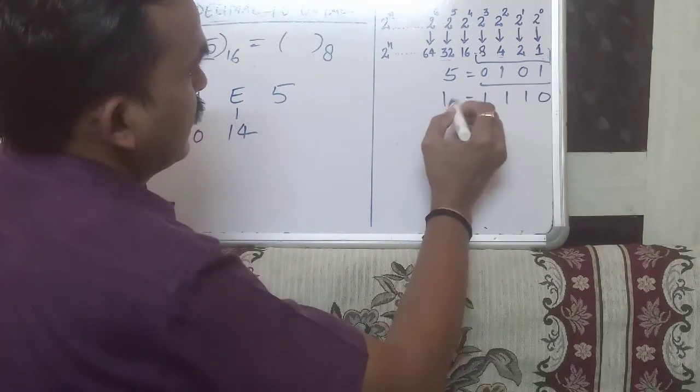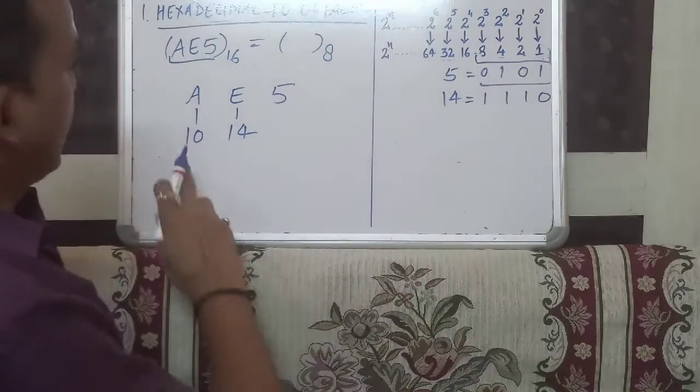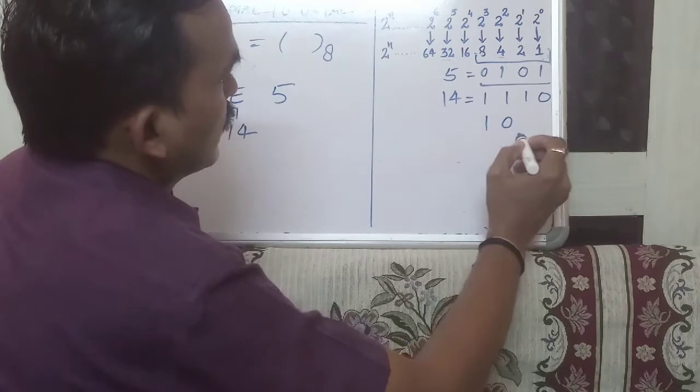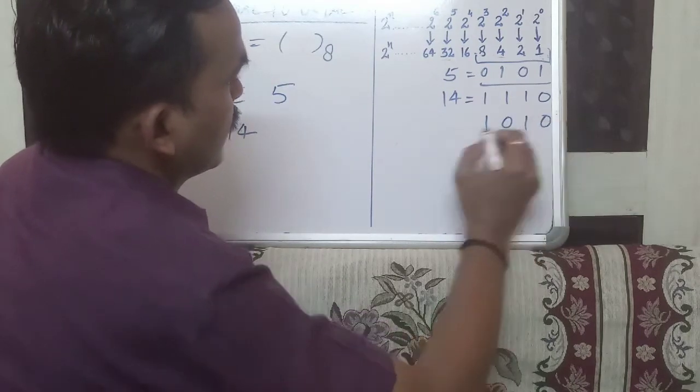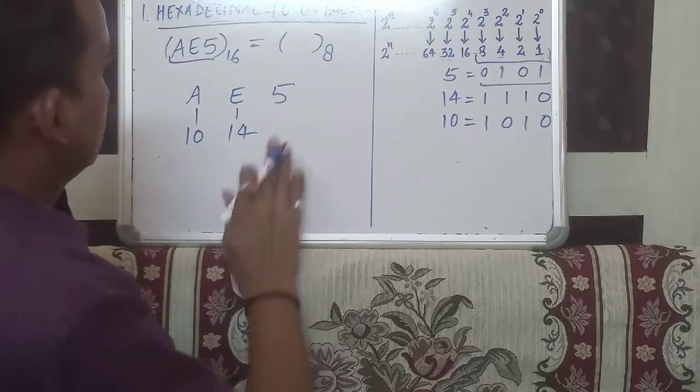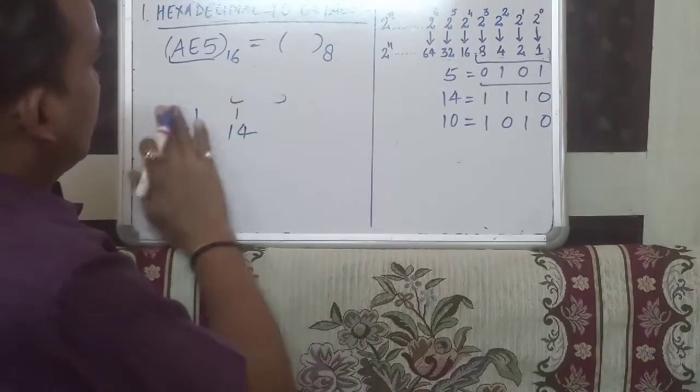So this is the resultant value of 14. Now 10. So for 10, 8 will come, 4 will not come, 2 will come. So this is 10.